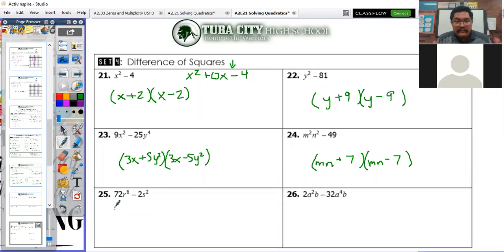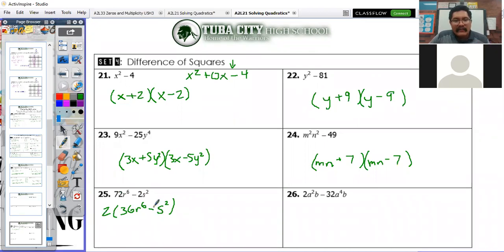Now you could do it, I guess, without doing it the other way, but I'm going to take out the greatest common factor. So I'm going to divide both of them by 2. So half of 72 is 36 and half of 2 is 1.